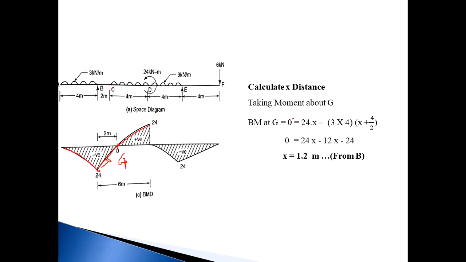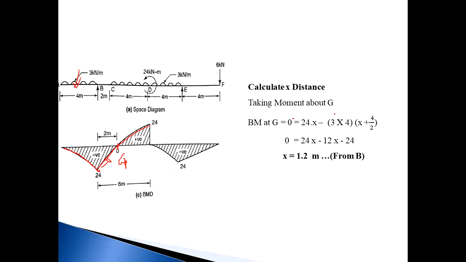So first, 24 into x, that is RB into x, the direction of the moment is positive, minus 3 into 4, that is the UDL, 3 is the intensity, into 4, the span length of the UDL, where it acts at half of this 4 meter. So 4 by 2 plus x, so x plus 4 by 2.